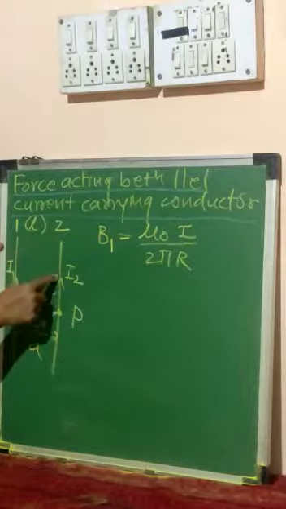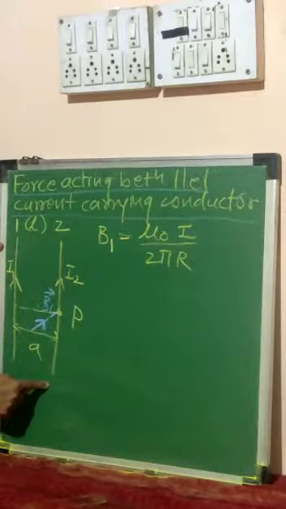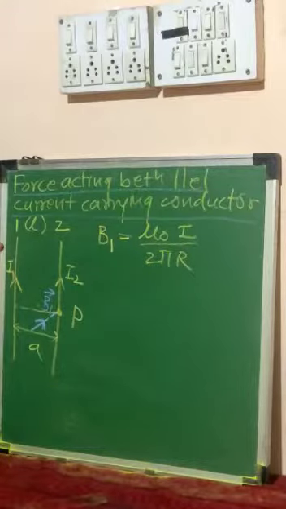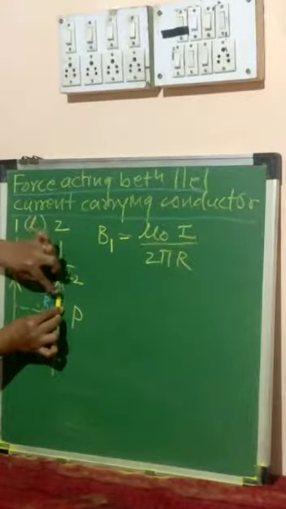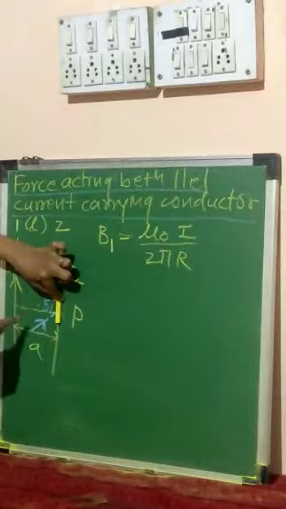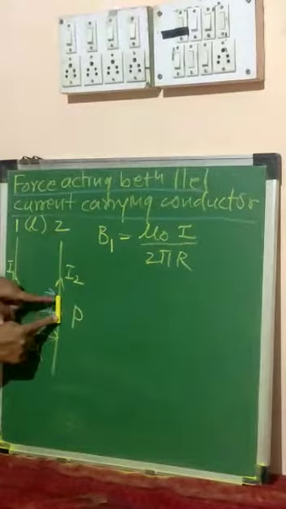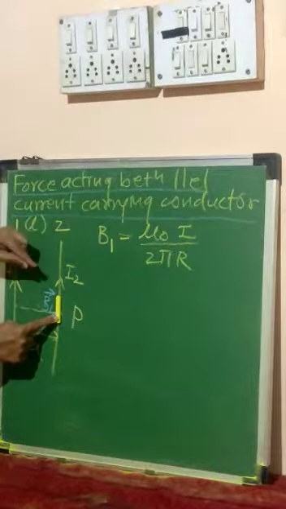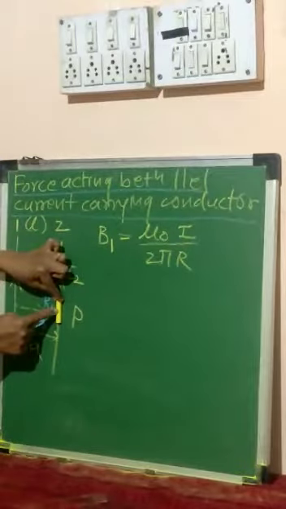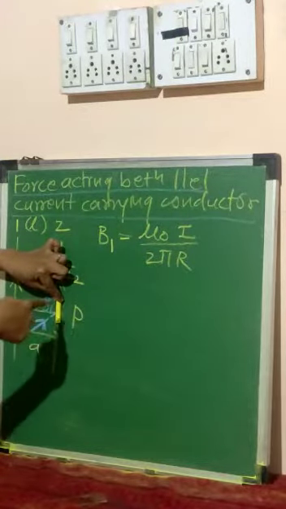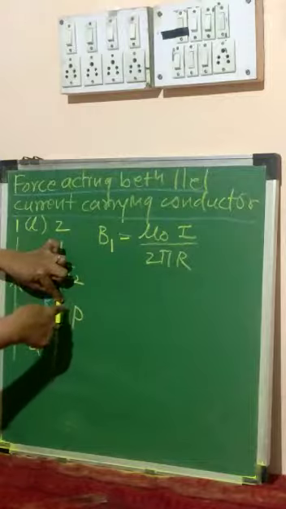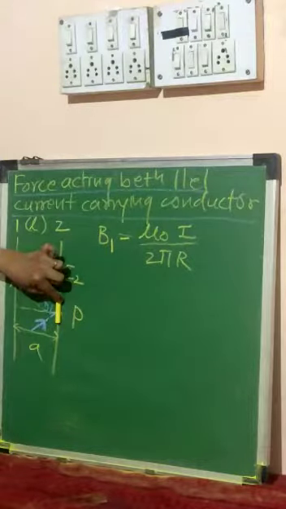Now I can concentrate on the second conductor. This second conductor is like a chalk, so this chalk will act as the second conductor. Current will be flowing through this second conductor in the upward direction, and the magnetic field B1 acting on it is inside the plane and perpendicular to its length.